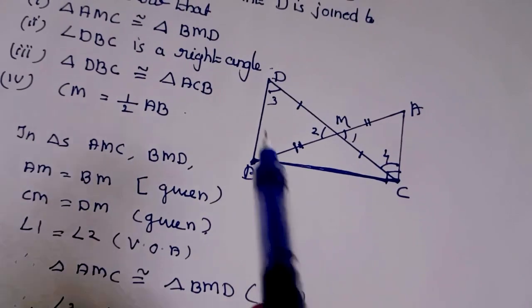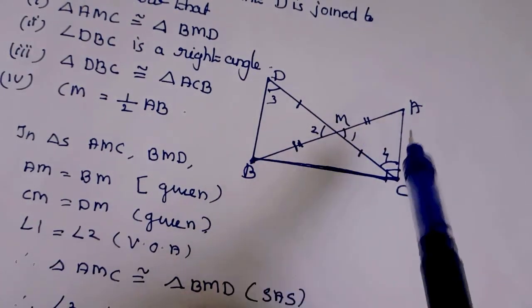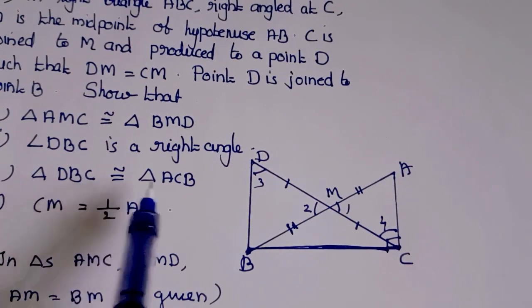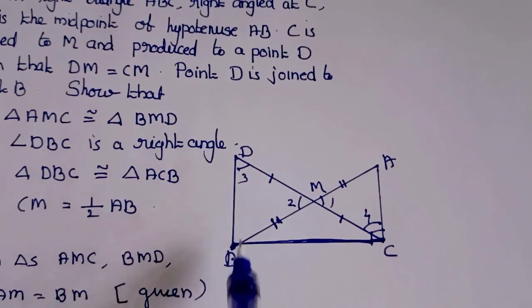Now we have to prove that triangle DBC is congruent to triangle ACB. So take those two triangles.